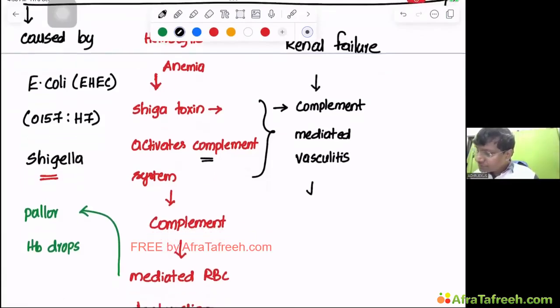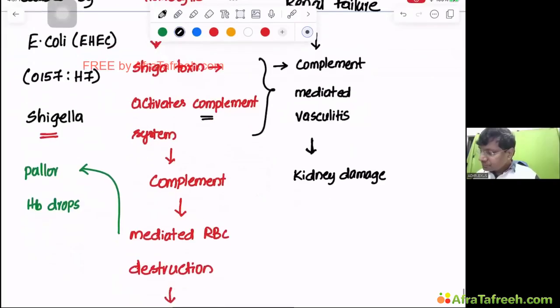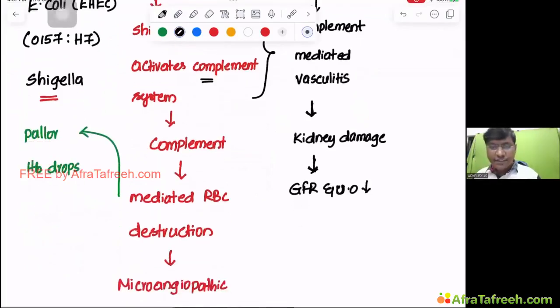And because of this complement mediated vasculitis, there is kidney damage, and because of which glomerular filtration rate and urine output, both of them reduce. GFR and urine output, both of them will reduce.